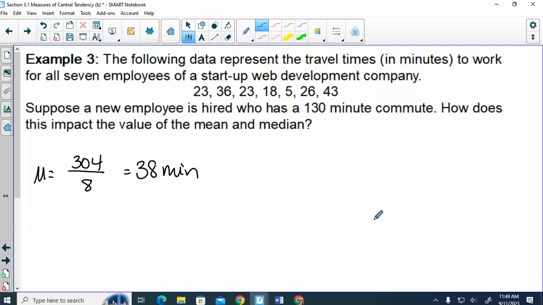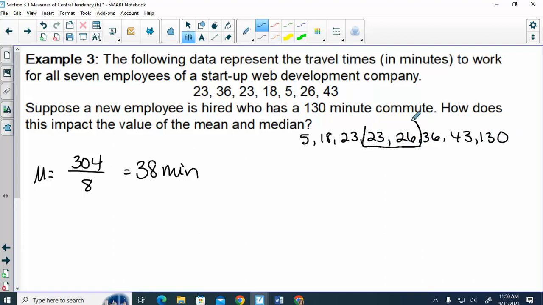You guys agree with that? New median. So for the median, the data has to be in order. Okay, so now I have 8 values.